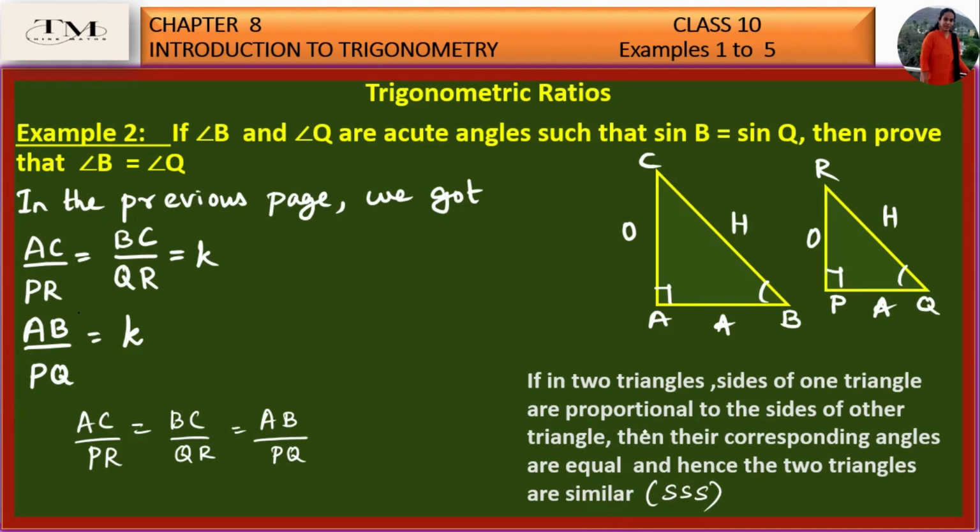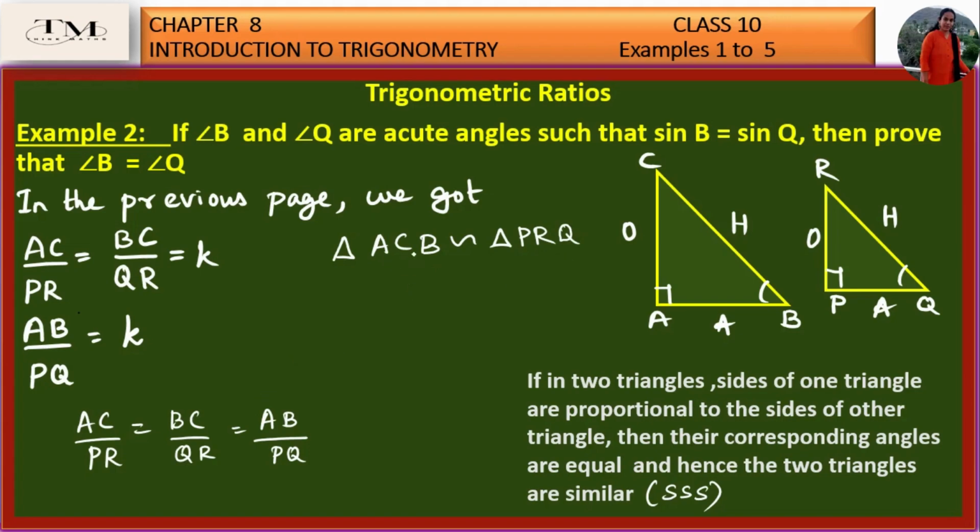Okay. So using this theorem, we can say that triangle ACB is similar to triangle, for AC it is PR, for B it is Q, so it is PRQ.